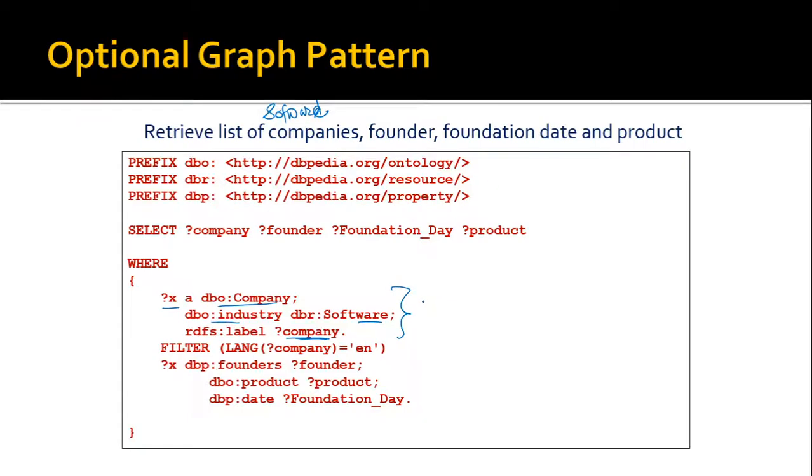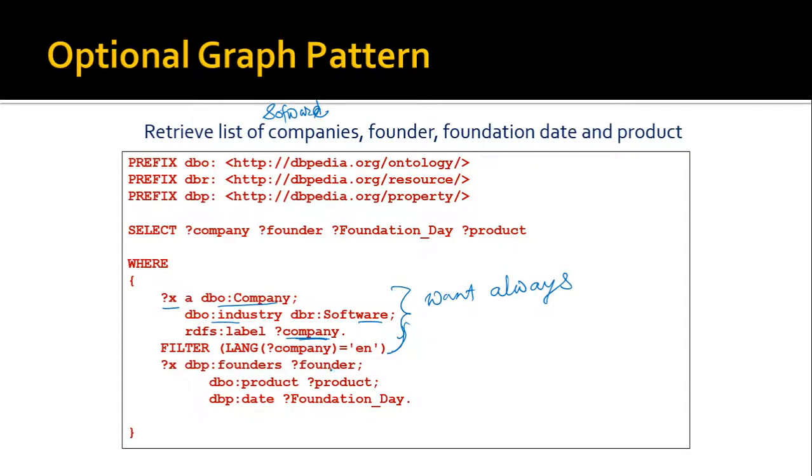So this is what I want always, and we want to do that for only English titles, right? I'm not interested in a company which has a non-English name maybe. So this is what I always want.